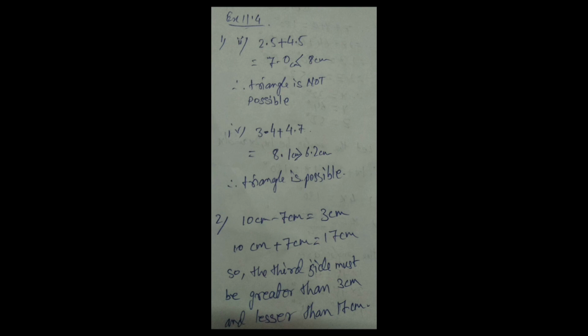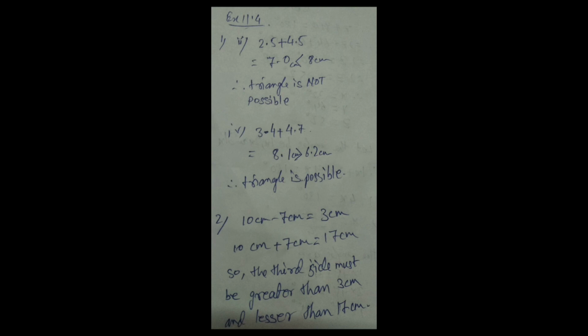In question number 4, the first two sides are given 3.4 and 4.7. It will be 8.1 centimeter, which is greater than the third side, 6.2 centimeter. So the triangle is possible. In question number 2, it is given if the length of two sides of the triangle are 7 centimeter and 10 centimeter, then what will be the length of third side?